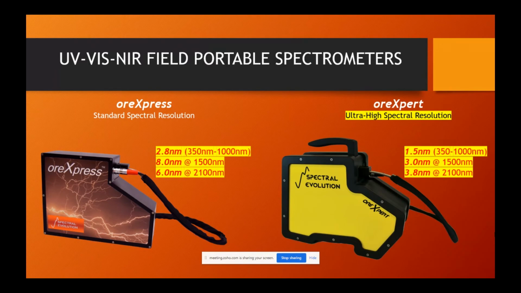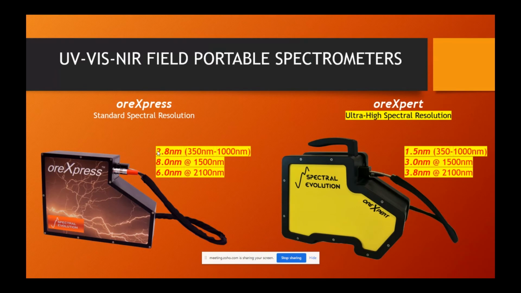Now, when we talk about standard resolution, that is referring to the lowest spectral resolution that is accepted throughout the mining and geological industry when it comes to spectrometers. If you're new to the technology, the higher this number means the lower spectral resolution you're actually getting.